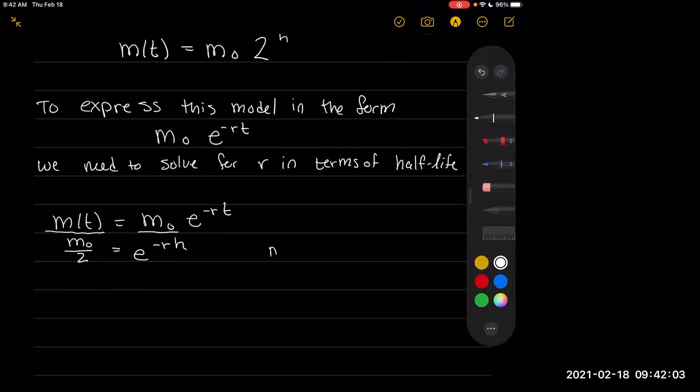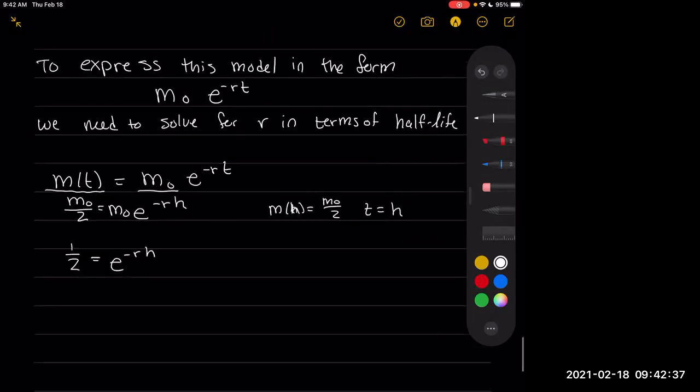So m of h equals m naught over 2 when t equals h. Oh, whoops, there should still be an m naught over here, that didn't go away. So now we divide m naught from both sides, and we end up with 1/2 equals e to the minus rh.